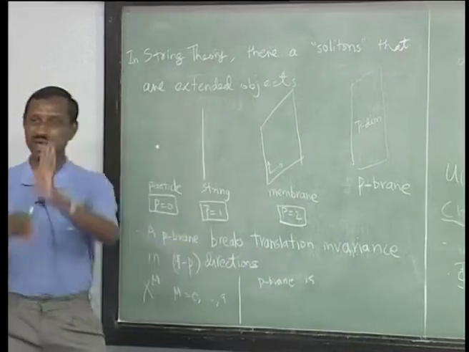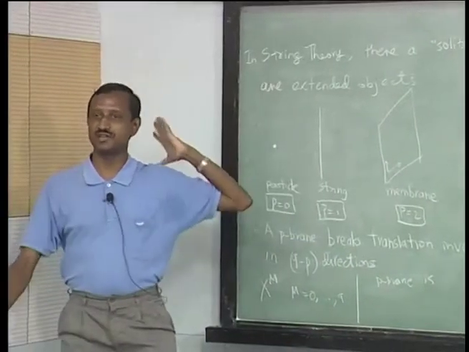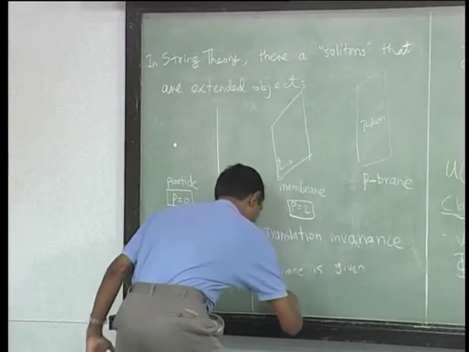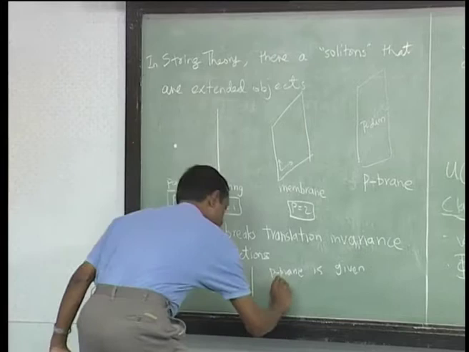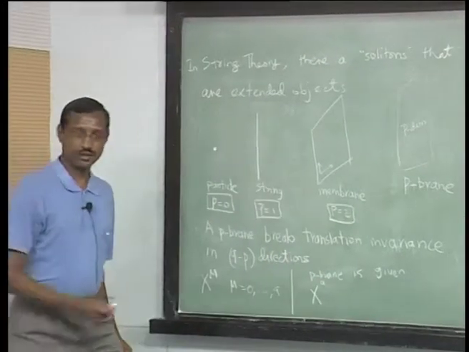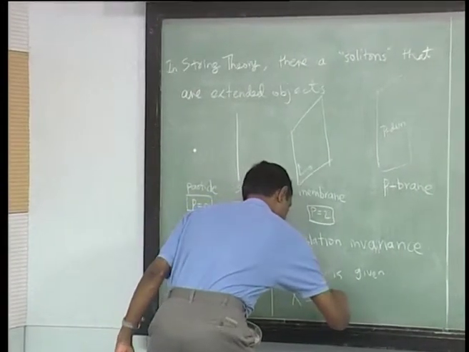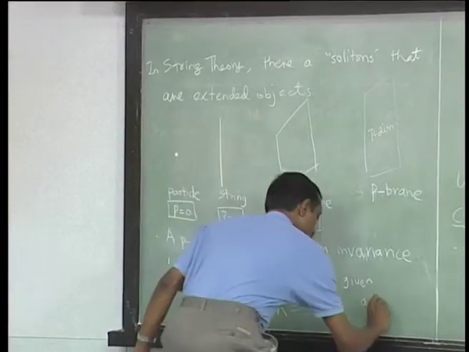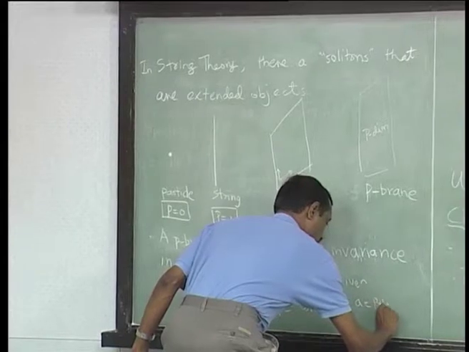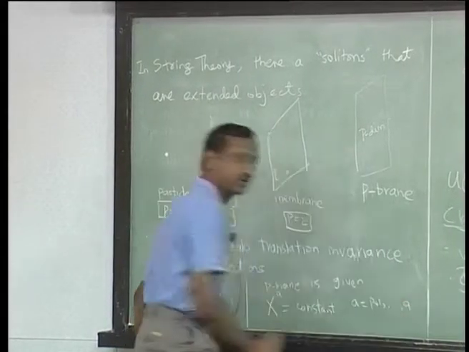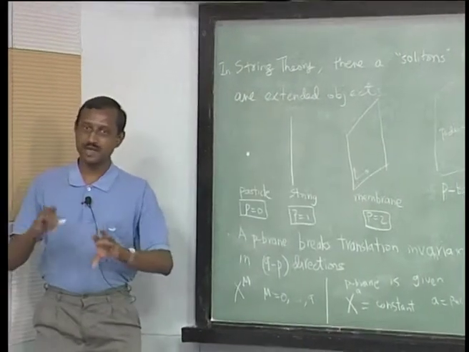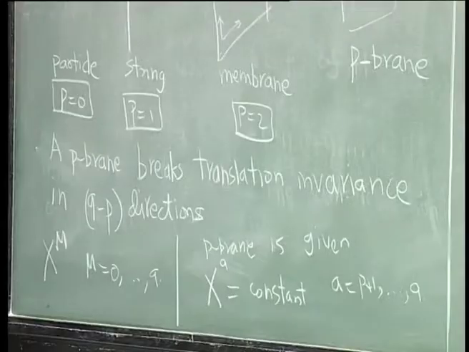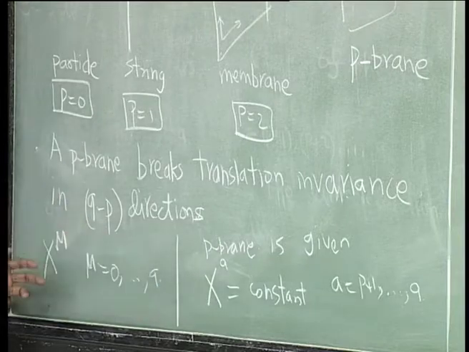What I have in mind is something like a flat sheet, you know, p brane is given by saying that x^A equals some constants for A equal to p plus 1 to 9. Notice that the breaking I am doing is exactly like what had happened earlier, okay.